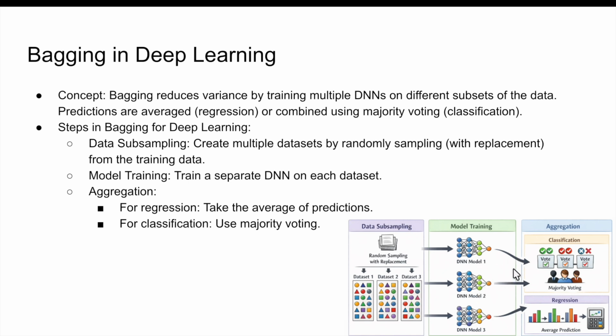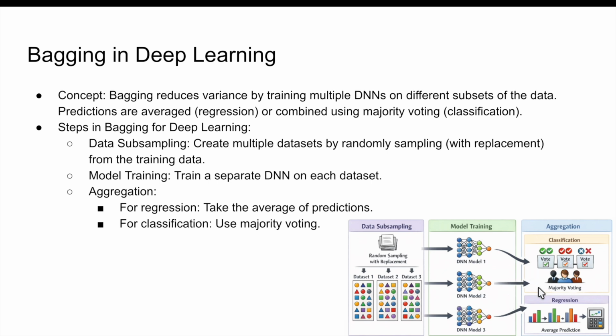Depending on what problem we are solving, if it is a classification problem, then we take a simple majority of the votes. So if class 1 has the higher number of votes, then our prediction will be class 1.